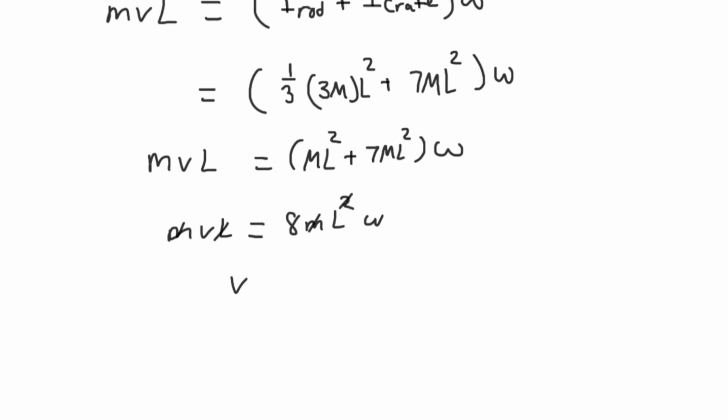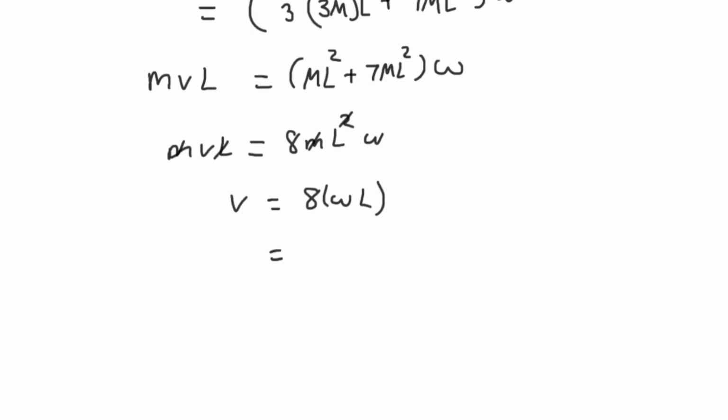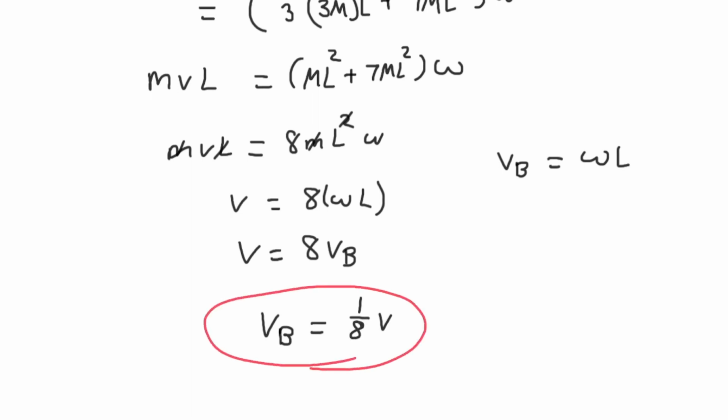So we get v equals 8 omega L. And notice that omega times L is just going to be the velocity at the bottom, because we have v is equal to omega R. Or you could just replace omega with v over L and get the same result. So we get v at the bottom is just 1/8 of the original. And that's that.